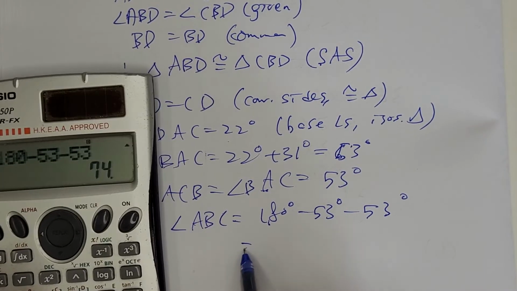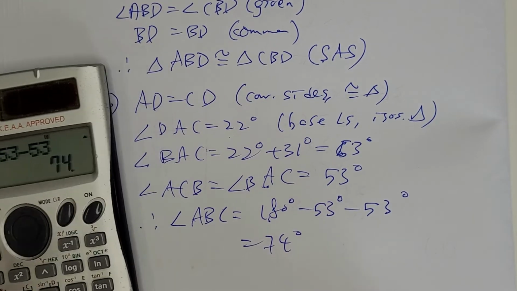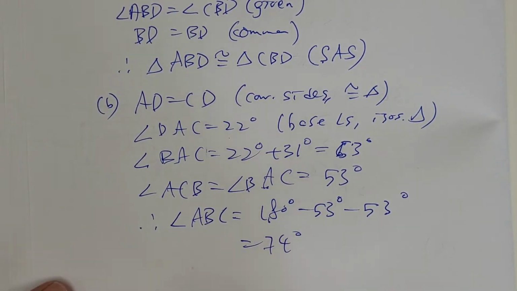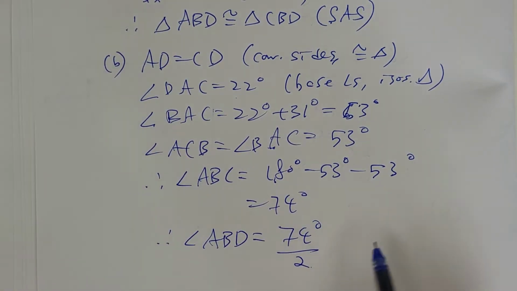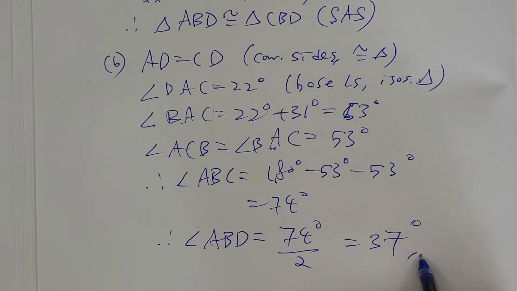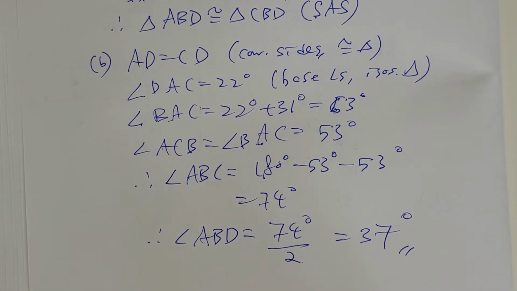That is 74 degrees. The question asks for ABD. Therefore, angle ABD is 74 degrees divided by 2, so 37 degrees. And that's the end of question number 9. So go to question number 10.